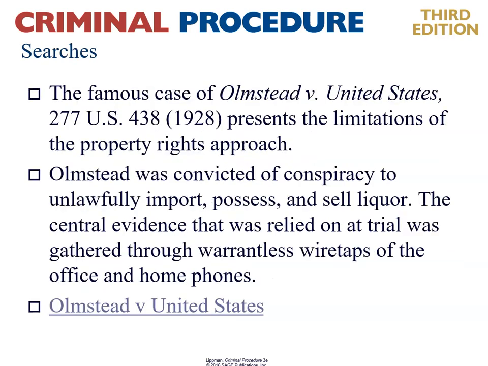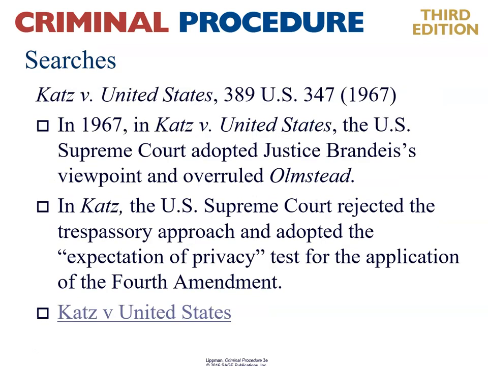I know it sounds confusing, so I'm going to back up. In Olmstead, they didn't physically intrude, which was the trespassory approach. They didn't look at the right to privacy approach. They stuck with the trespassory approach, and because they didn't enter, the court at that time thought the wiretap was all right because they didn't physically intrude. Later on, they took another look because the Katz case was brought to the Supreme Court, and the viewpoint of the court changed.